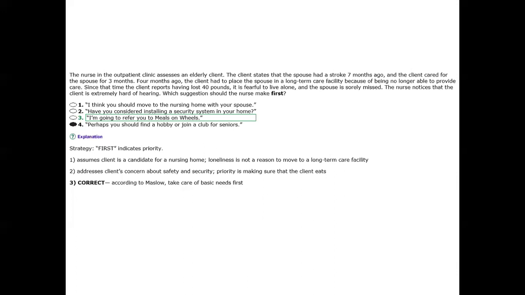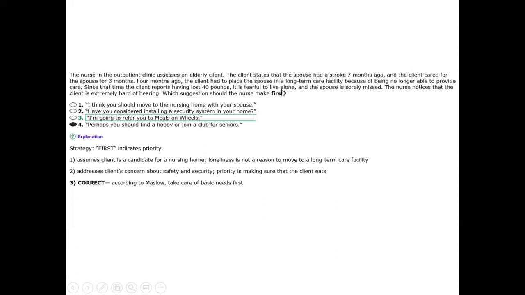Maslow's law, the first is physiological needs, like if I'm hungry, you give me the food. Then comes the question about security, and then belonging needs. So I miss someone, this is the belonging need.